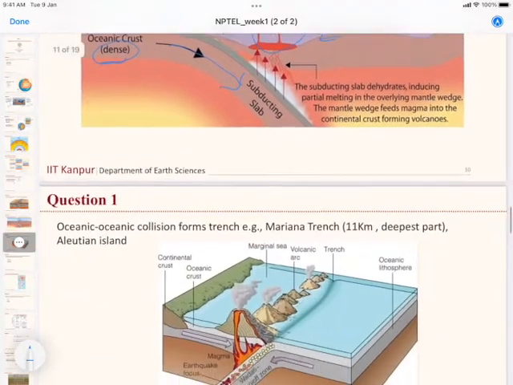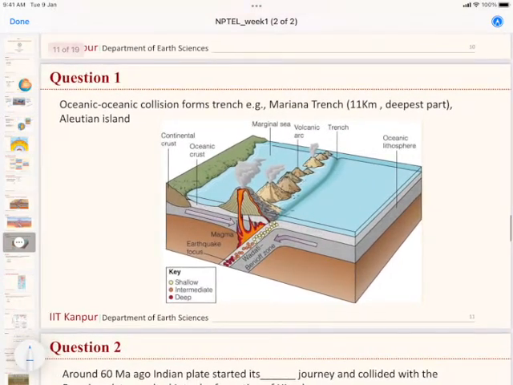Now moving forward, the third category that we have is the oceanic collision. Since both plates are of the same nature, again the plate which has the denser material will subduct under the less dense plate, and due to this kind of plate motion we generally see trench landforms.